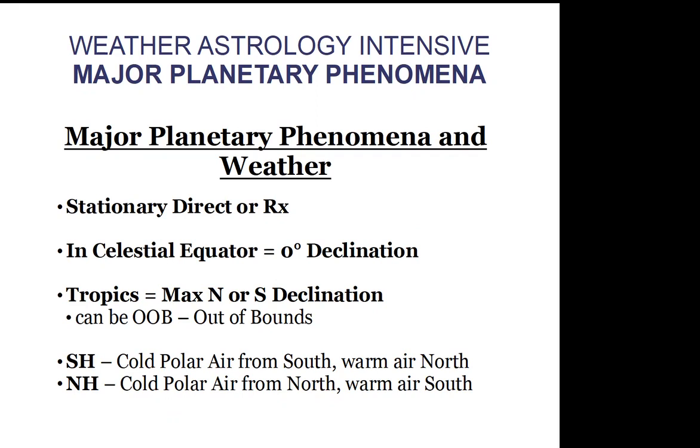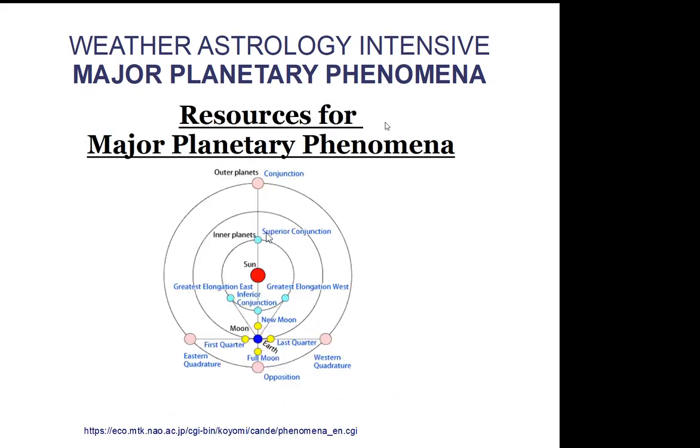So that's the interesting part about weather, is that we consider the shape of the globe and whether we're in the north or the south. And you'll see all the lists. There's a north and a south, and I'll explain why. Okay, so resources for major planetary phenomena are quite hard to come by.